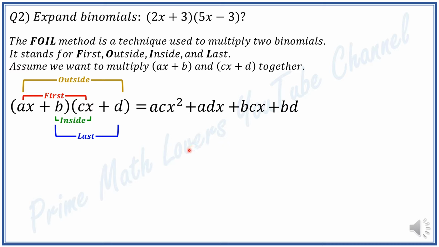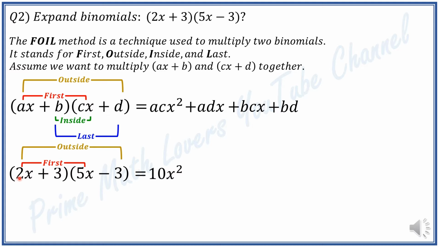Let's illustrate the FOIL method to solve our question. 2x plus 3 times 5x minus 3. First, we multiply 2x and 5x. The result will be 10x squared. Outside, we multiply 2x by negative 3, will be minus 6x.